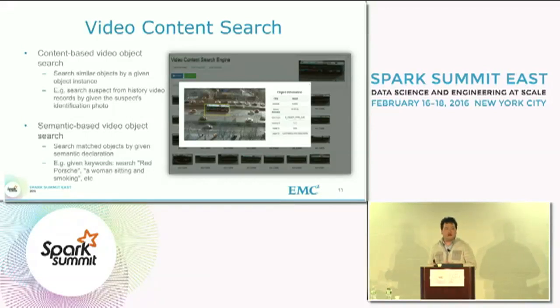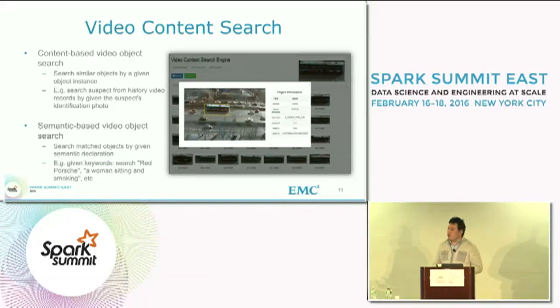And furthermore, the search result could be filtered based on conditions on the object metadata, for example, where this object is detected and by which camera it is detected, right? And the second form is the semantic-based video object search, which is more complicated and advanced. Here the video objects it looks for are usually queried with semantic textual descriptions.